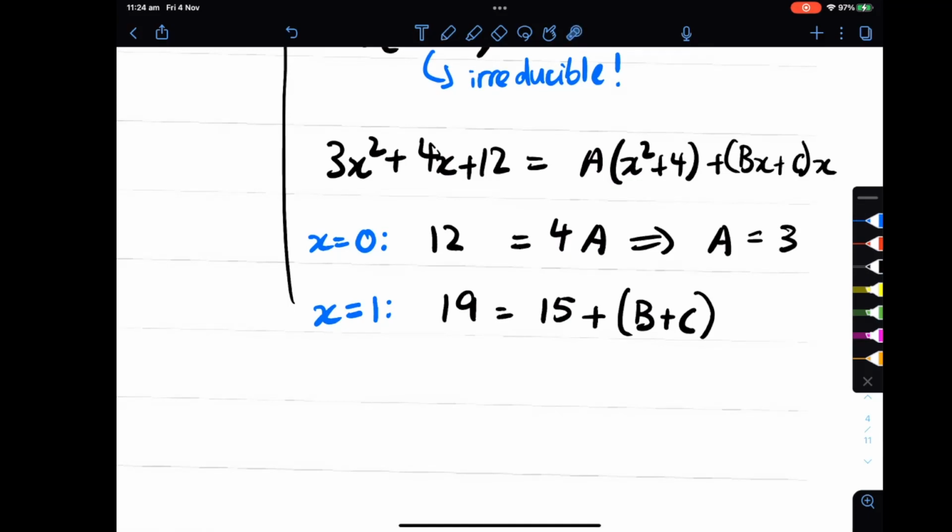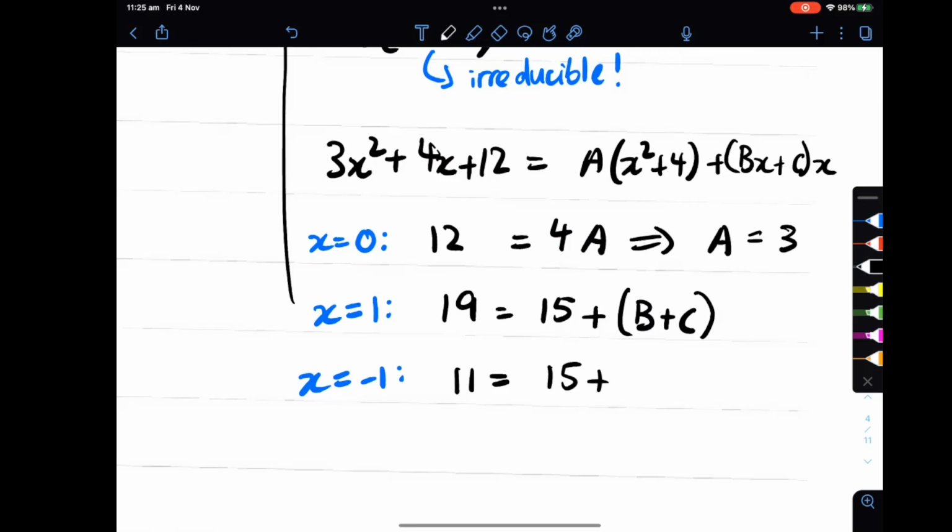So perhaps what we could do is try subbing in -1. I think -1 would be nice. Let's try that. Okay, if we sub in -1, this here becomes positive. So it's going to be 3 plus 12, 15, minus 4. That becomes 11. And then this side here becomes 5 times 3, because this thing becomes positive, so we get 15 as well.